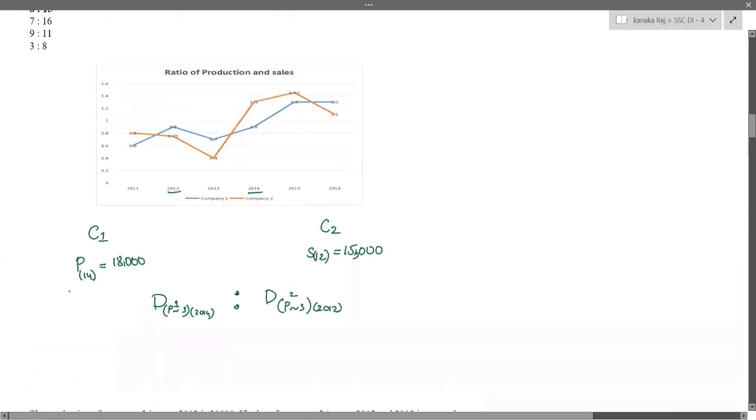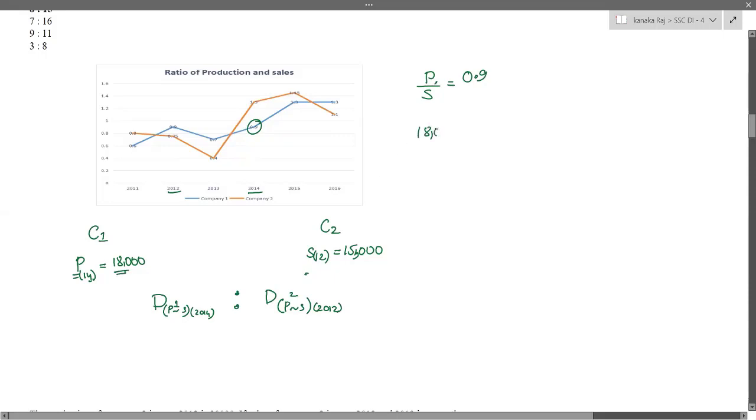Now, to find the difference, first I need to find sales for company 1 and production for company 2. So how do I find that? We know that production to sale ratio is given in the graph. So what is production to sale ratio for the year 2014 for company 1? Company 1 is the blue line. For 2014, it is 0.9. So this is 0.9. And I know that production is 18,000 since they've mentioned that in the question.